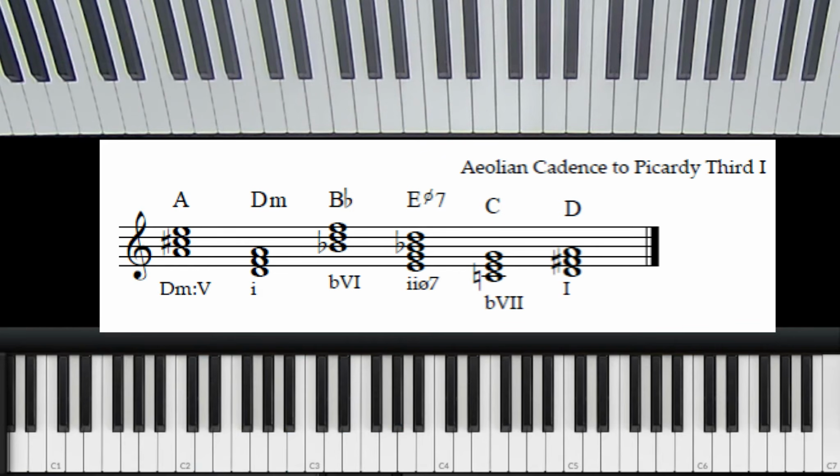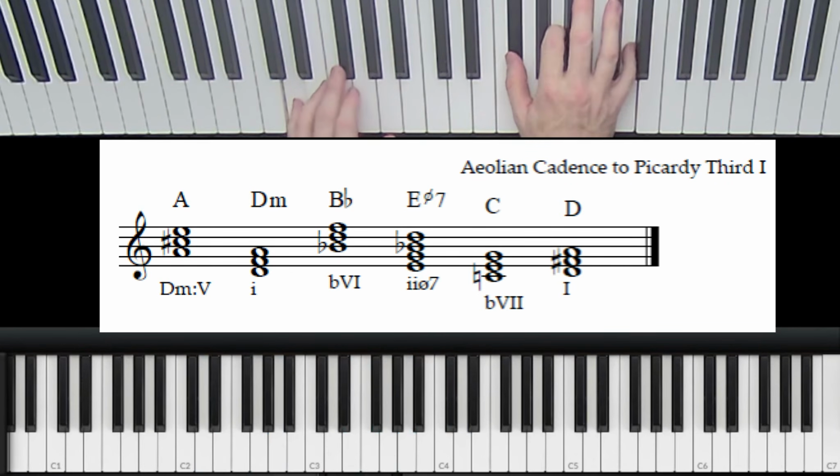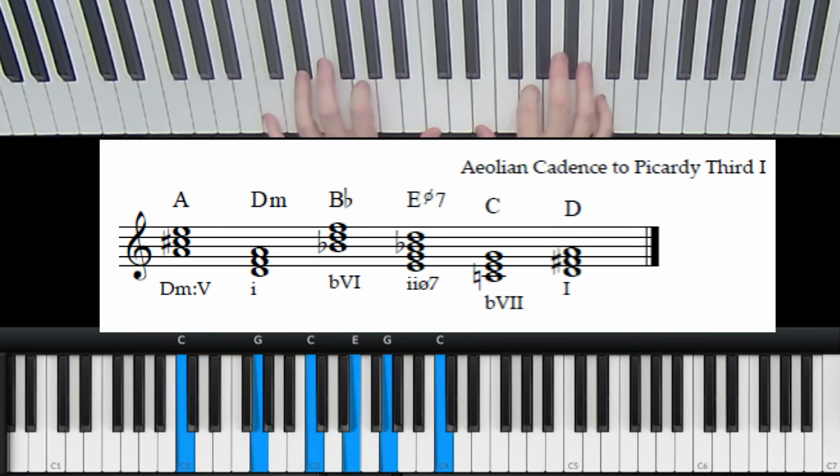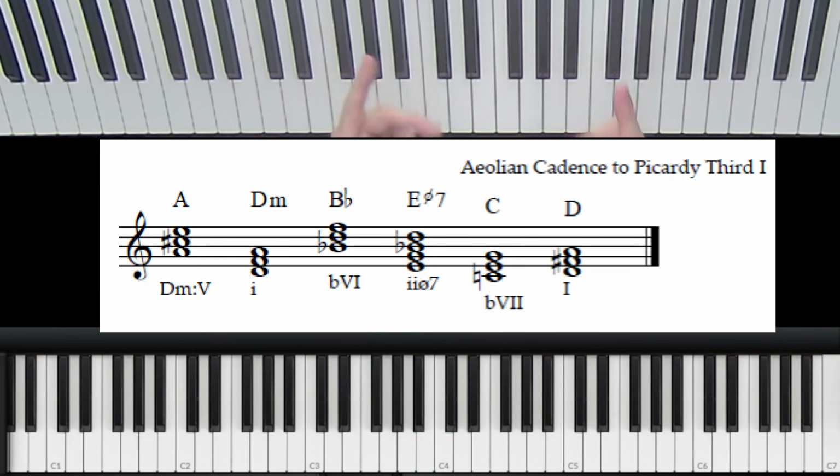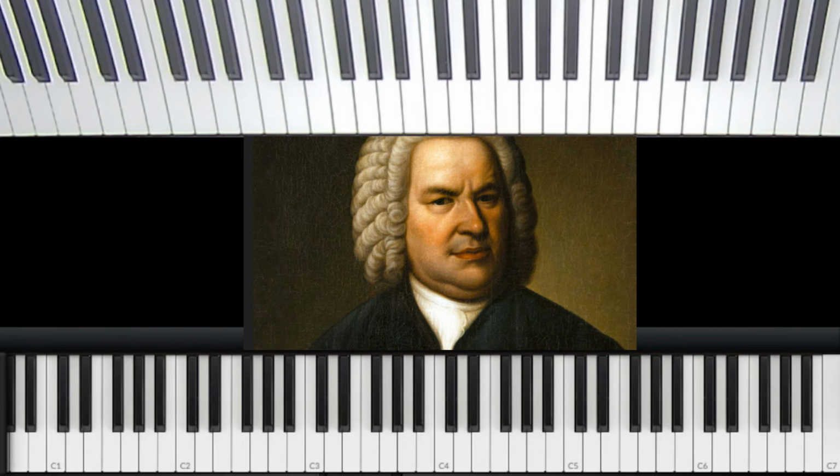So using the flat 7 instead of the raised third 5, instead of doing that, that's what we get. So it has a really cool and dramatic effect. But the rest of it was pure functional harmony. That was the only part that was not. So that's why we study it.